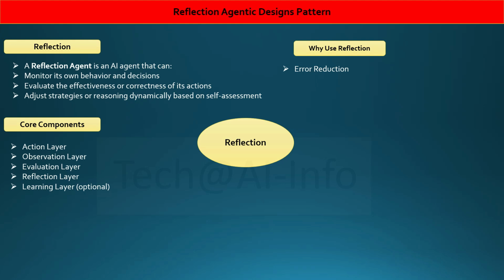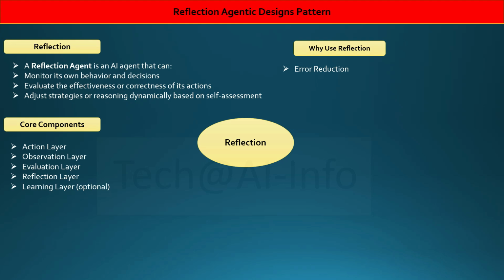What happens without reflection? The agent generates an answer or takes an action, so errors, wrong facts, misspellings, and hallucinations go unnoticed. And the mistakes propagate to downstream tasks and user performance.